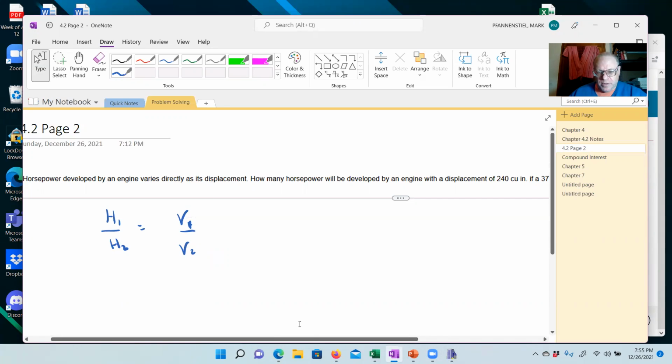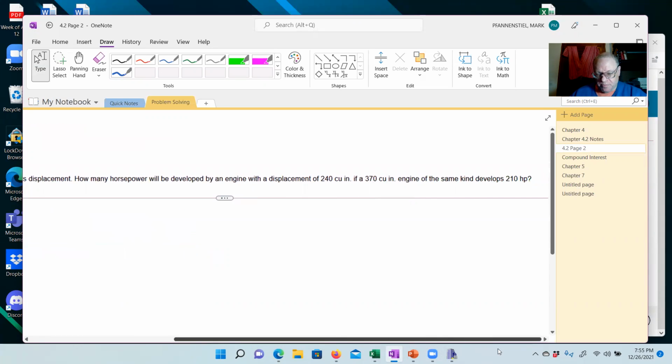So what do we know? That's one of the big problems with word problems: what do you know? This first half is all talking about the question. The second half gives us some information. We have a 370 cubic inch engine, which has 210 horsepower.